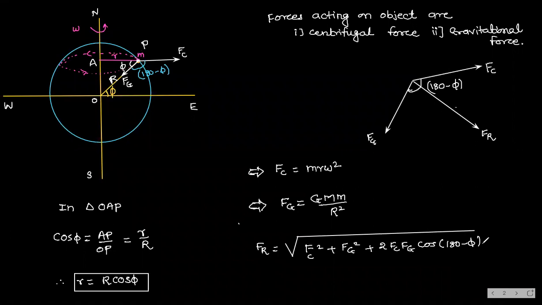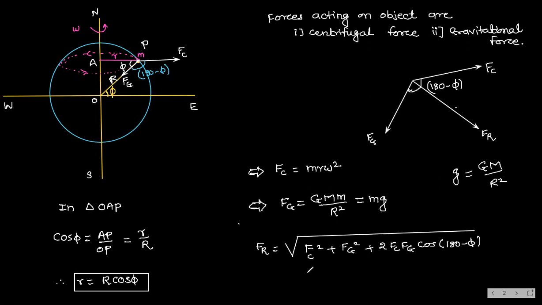Clear? Right. Now see, in this gravitational force, this GM by r square value is what? It is m into g. Because g of the planet, or gravity value, the formula is GM by r square, the relation between small g and capital G. We have already learned.